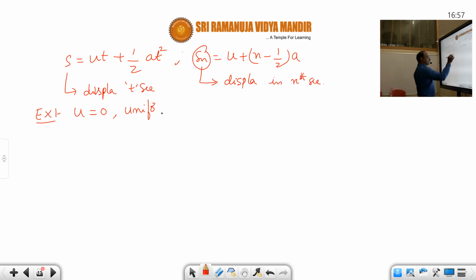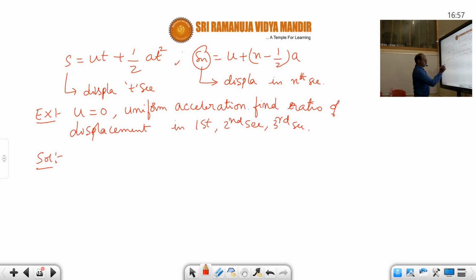Then find the ratio of the displacements in the first second, the second second, and the third second. For this we need to calculate the ratio of the displacement. Now we'll see the solution here.